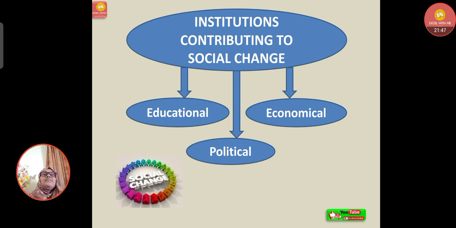Secondly, political institutions. The new ideas and the development in science and technology have given rise to new political institutions. At one time, rulers' decisions were the law of the land. Then the rulers started being guided by the traditions but had powers to overrule.